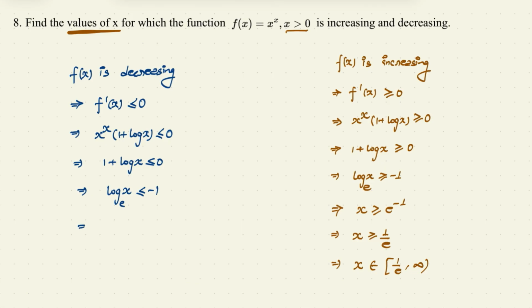Therefore this implies x is less than or equal to e to the power minus 1. So this implies x should be less than or equal to 1 by e. That means the value of x should belong to (0, 1 by e]. See here I am opening at 0 because the question is saying that the value of x is greater than 0.